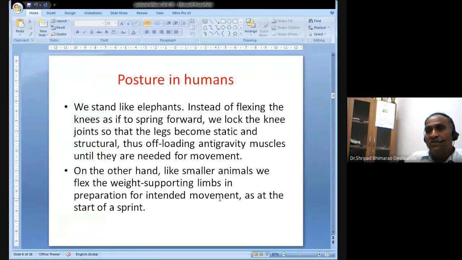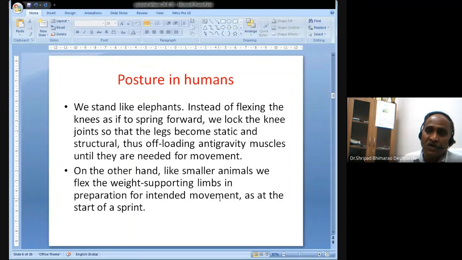Similarly, when we stand, we just stand erect. The knees are extended, not flexed, and they are pillar-like. So they give a static, structural, pillar-like support by the anti-gravity muscles, supportive to the body. On the other hand, small animals are always on the move.